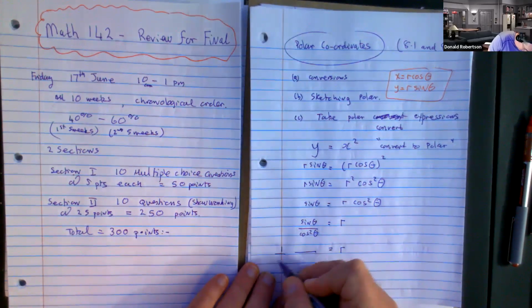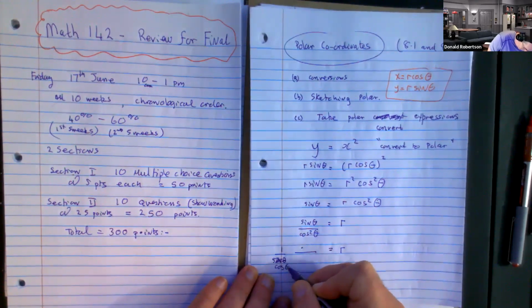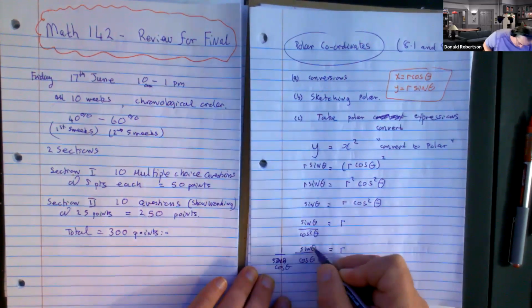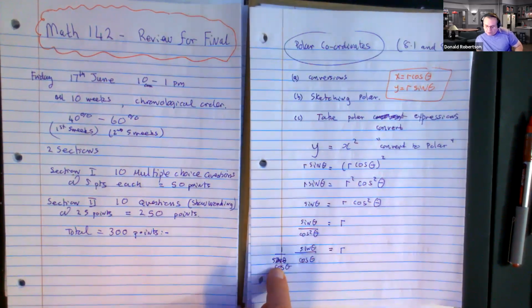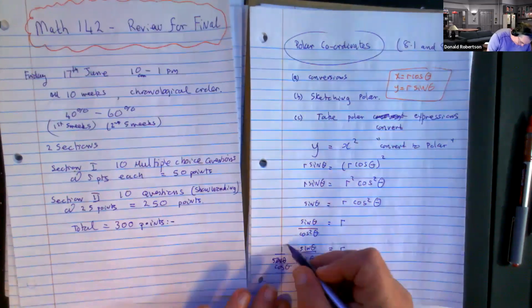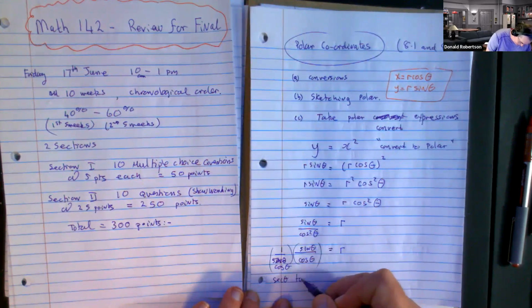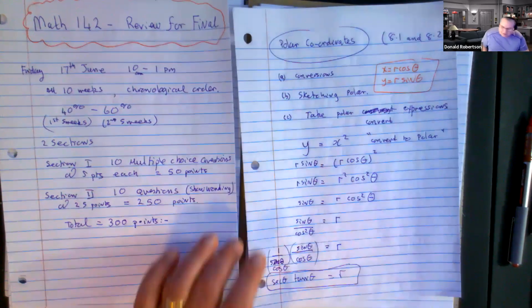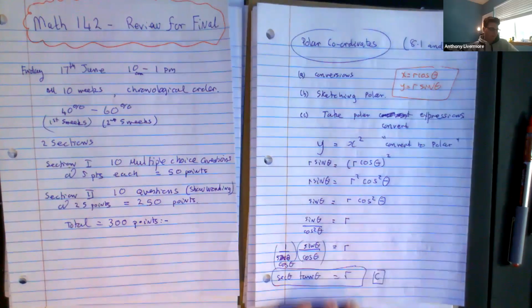Well, let's see what that looks like. Sine theta over cosine theta with another 1 over cosine theta. And this is secant, and this is tan. And that's the answer that would be in the multiple choice. That might be answer C.